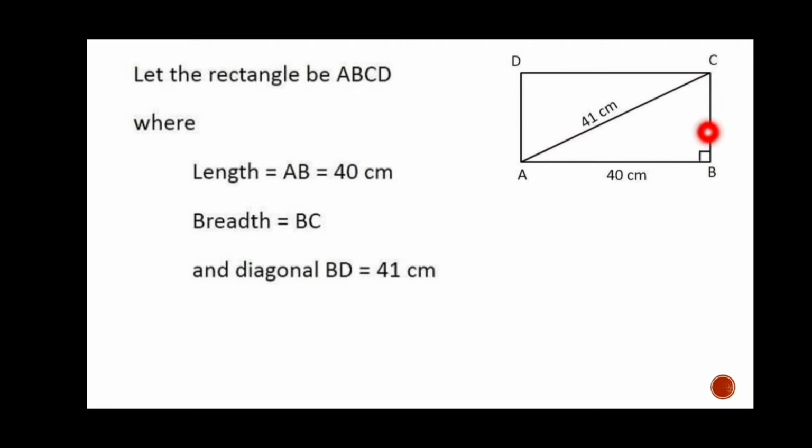Now if you see clearly this picture, this is a right angle triangle and BC is the height of the triangle where angle B is of 90 degree. So we can see that ABC is a right angle triangle where we have the hypotenuse, this AC 41 centimeter, and the base is given 40 and the perpendicular we need to identify.